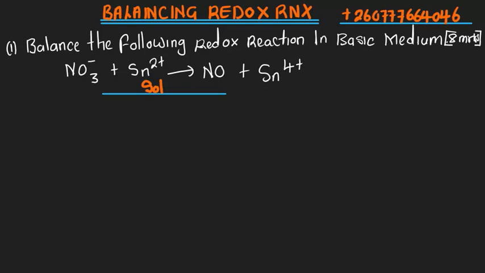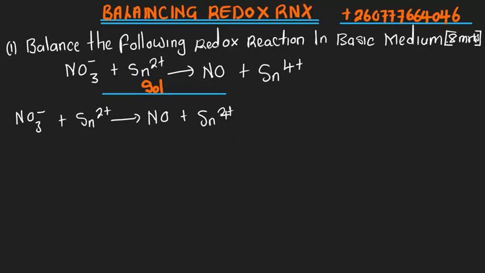So the first thing, of course, that we're going to do is to split our equation into half reactions. We're going to have this nitrate here, and then our selenium 2 plus, and we have been told that it is producing nitrogen monoxide plus this selenium 4 plus.